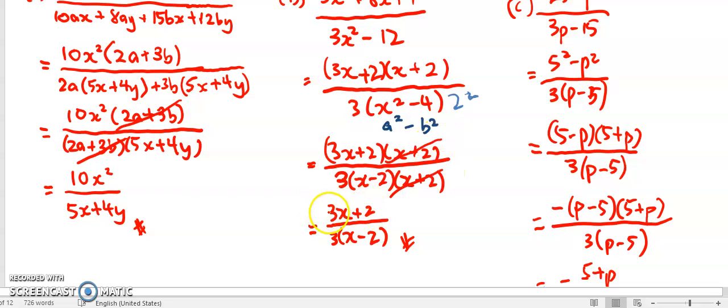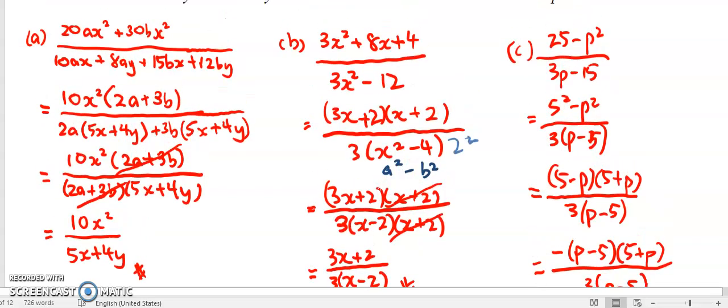So the solution here will be 3x plus 2 divided by 3 bracket x minus 2. Okay, there's no need to expand out the denominator here. Usually we leave it in the factorized form to show that there are no other factors on top that can be cancelled off in our answer, to show that this is the most simplified fraction.